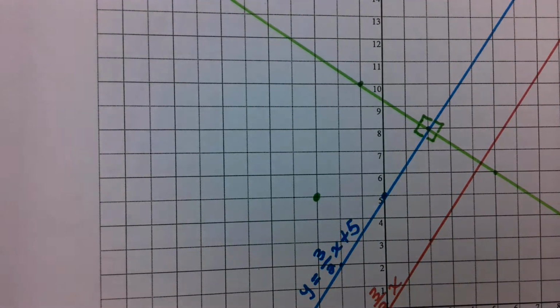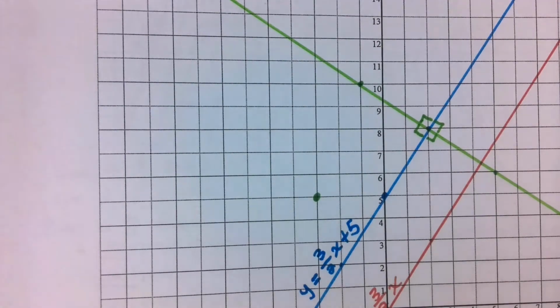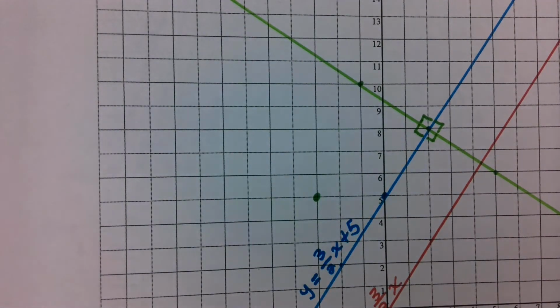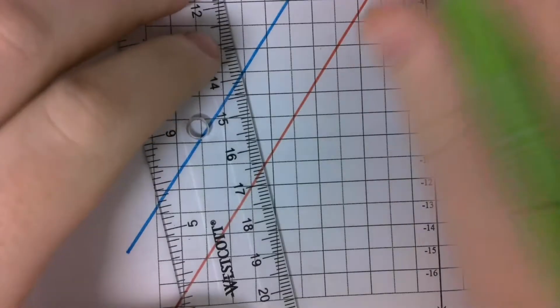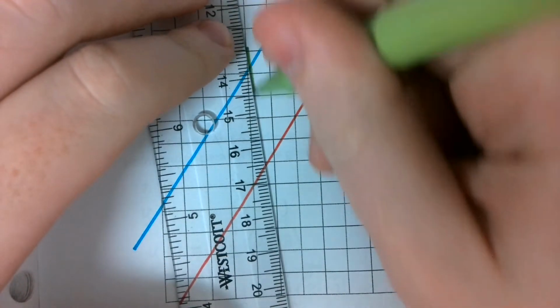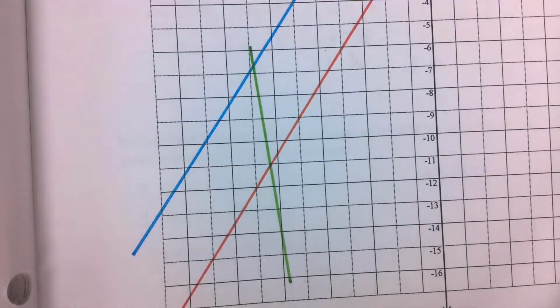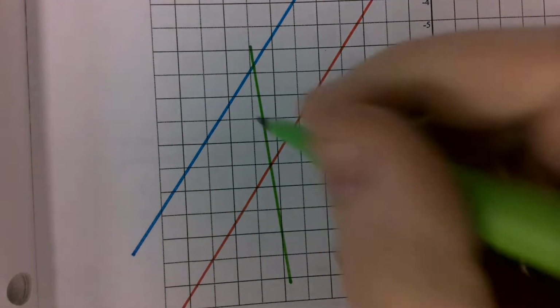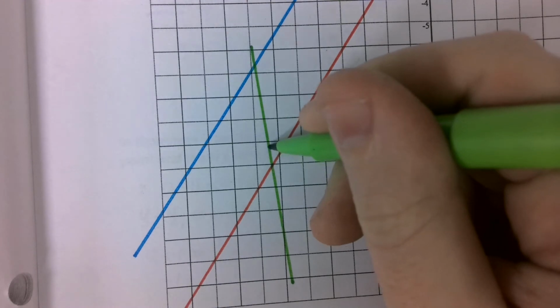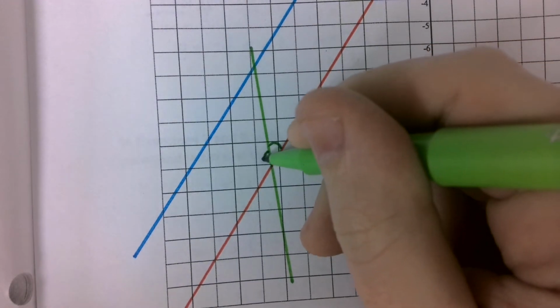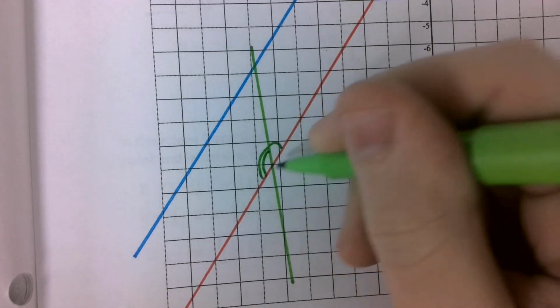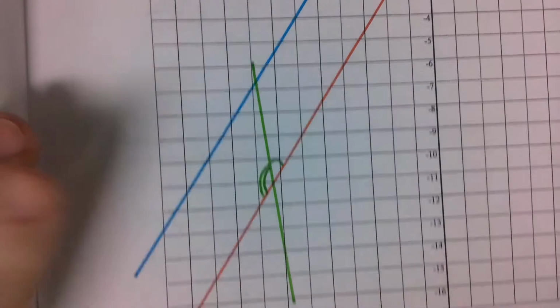Anytime they make a perfect corner, you can draw it out as a right angle. This is a perpendicular line. Something that would not be a perpendicular line would be like if I drew something like this. Yeah, they intersect, but it doesn't make 90-degree angles. I can't draw that sharp 90-degree corner. I've got a small angle, and I've got a big angle. So this is not perpendicular, it's just intersecting.